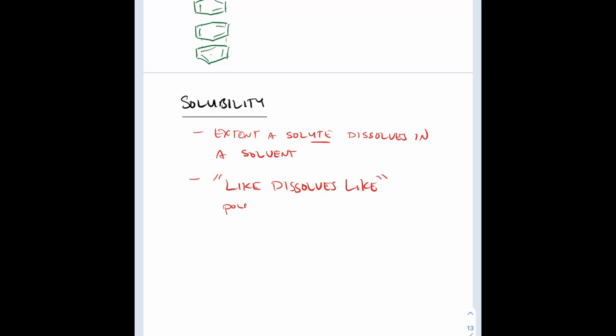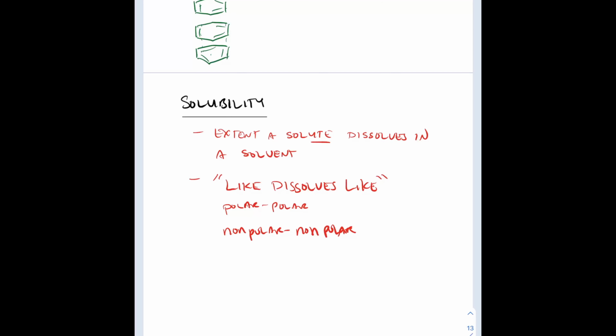So what that means is polar dissolves with polar, and non-polar dissolves with non-polar. And if you're somewhere in between, you dissolve with somewhere in between.